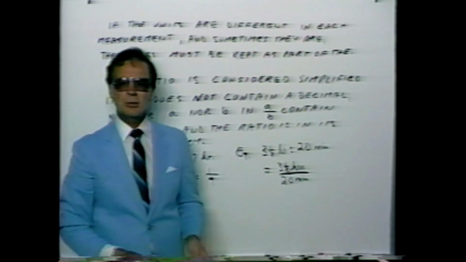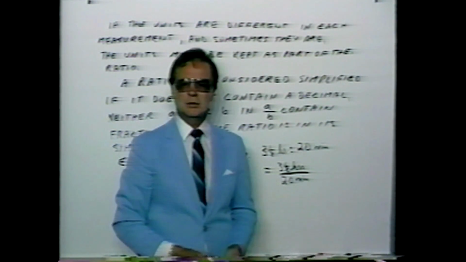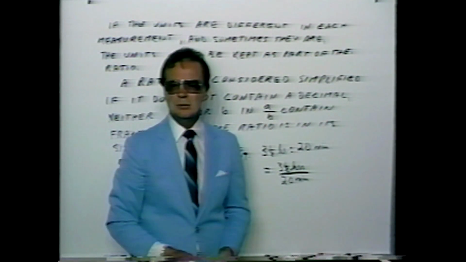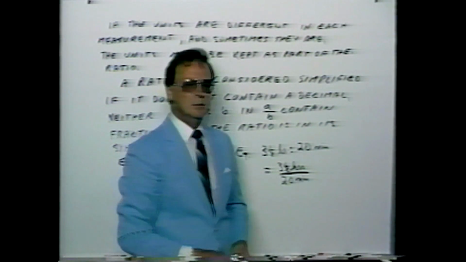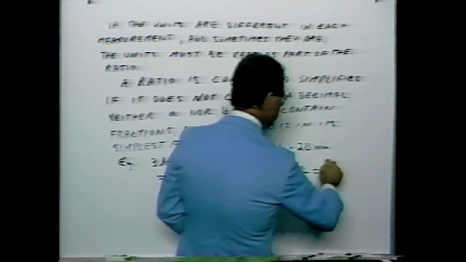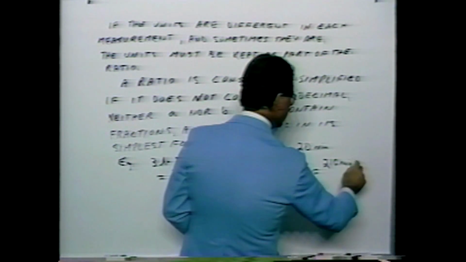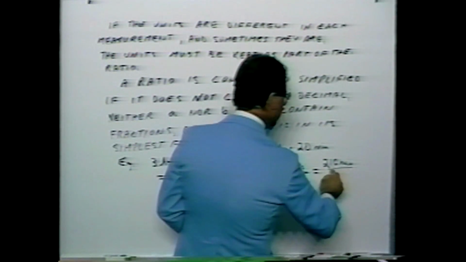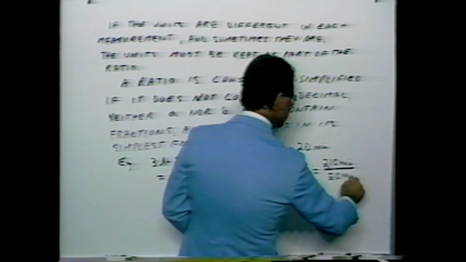We will change 3 1/2 hours to minutes. 3 1/2 hours is equal to 3 times 60, 180 minutes, plus 30 is 210 minutes. So this is equal to 210 minutes over 20 minutes.